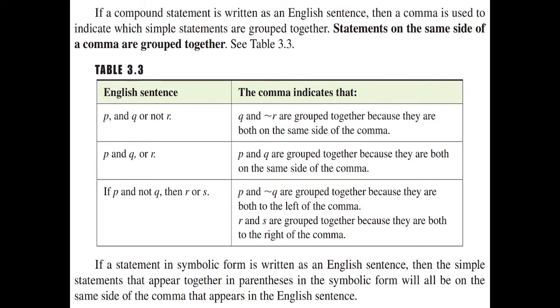Okay? Now, if you're given a compound sentence written in English, the comma there is used to indicate that the simple statements are being grouped. Like example, P, comma, Q or not R. So ang gigroup ani is si Q or not R, because they are both in the same side of the comma. In our second example, ang gigroup pod ani is P and Q. So meaning ang kanading comma mao ni mo separate sa groupings nato.